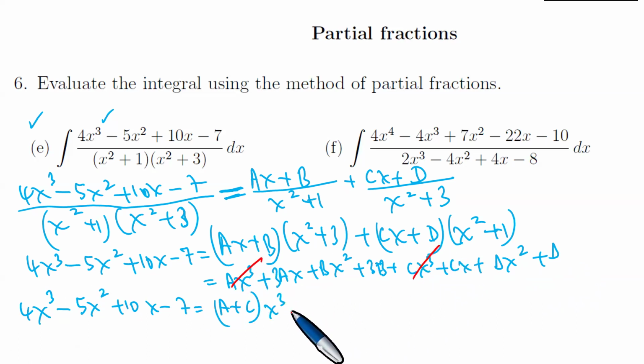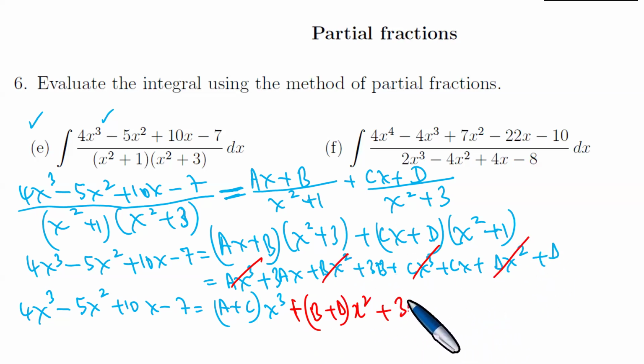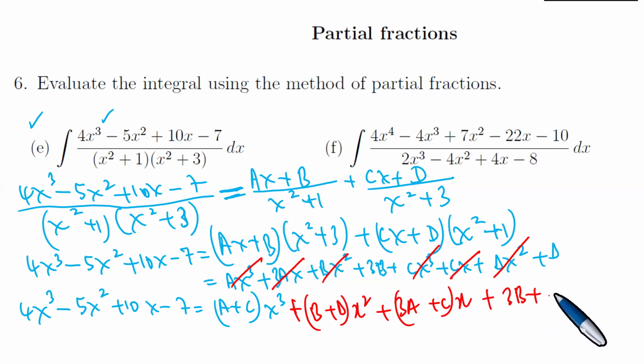And then the other terms: the quadratics will be b and d, for the linear terms 3a and c, and then the constant terms 3b and d, like so.